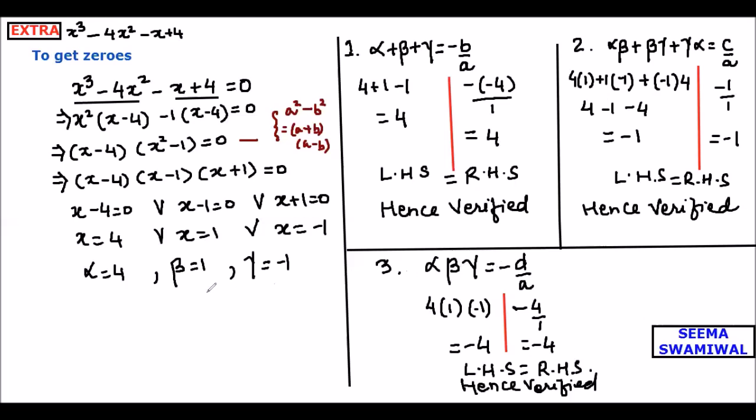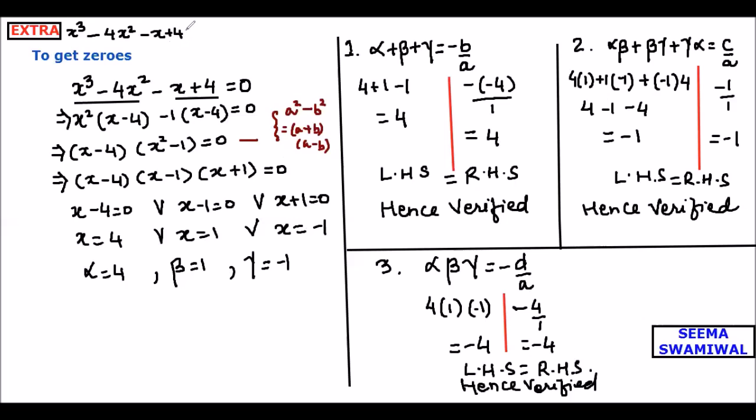If you take all three roots together, it becomes alpha beta gamma. The first relation is minus b by a, the second relation is c by a, and the third relation is minus d by a, and d here is the constant term.